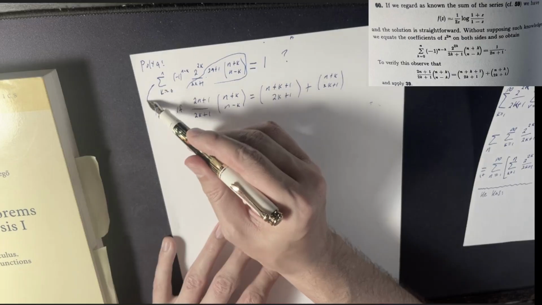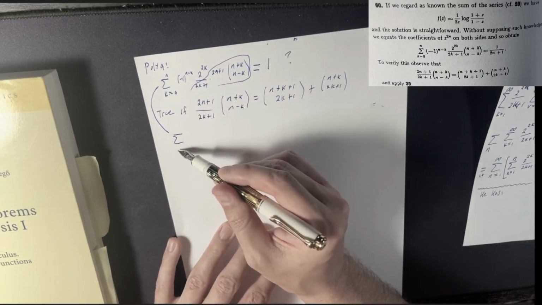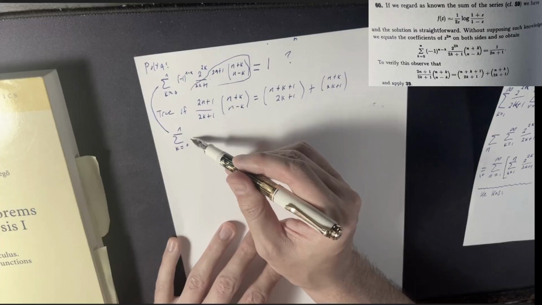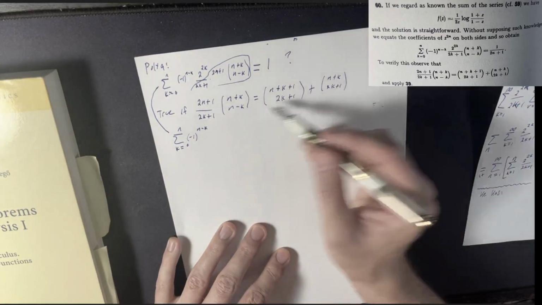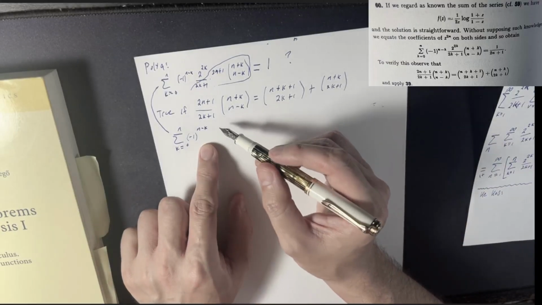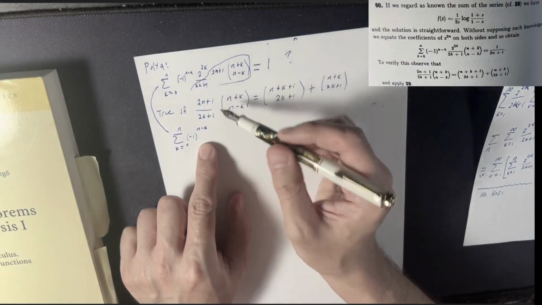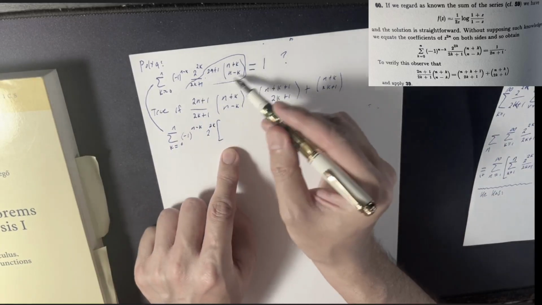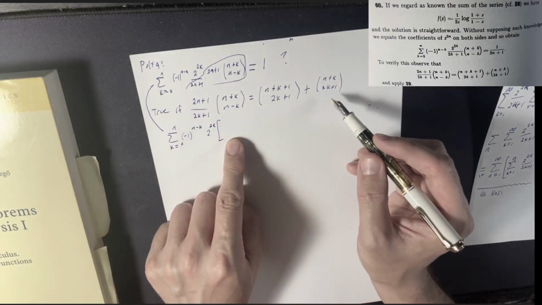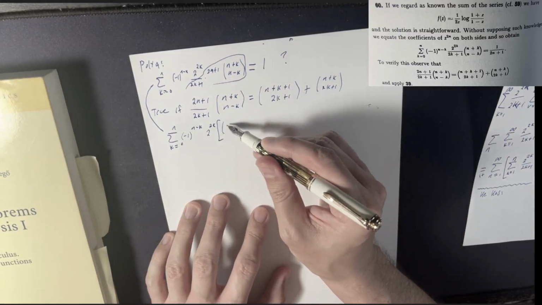So this whole chunk is now the sum from 0 to n. We're going to come back to proving that, if I remember. What got left behind was 2 to the 2k, and we've replaced this stuff with these two guys. That's easy enough.